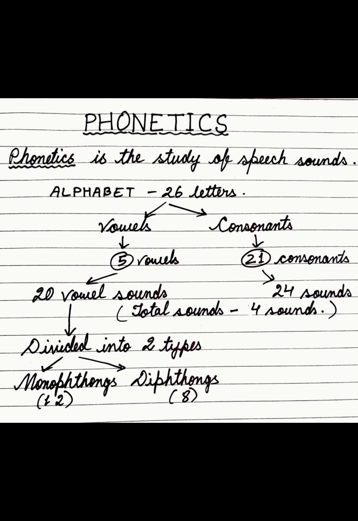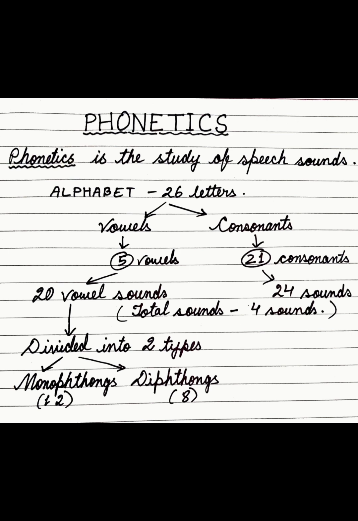Mono means what? Mono means one. A monophthong is a single steady vowel sound. It is often called a pure vowel sound because the sound remains relatively steady while it is pronounced.